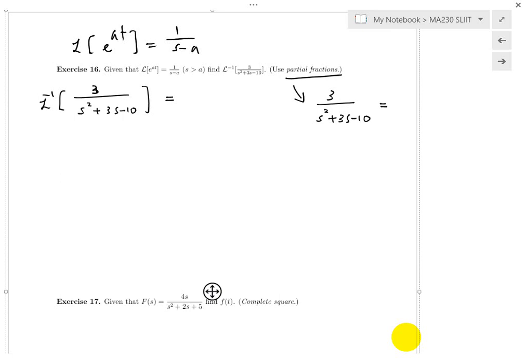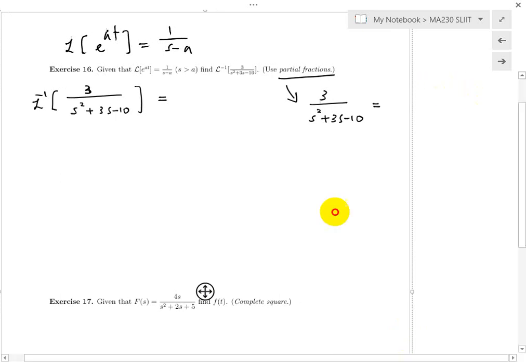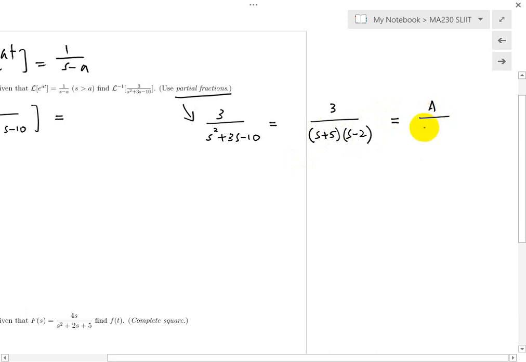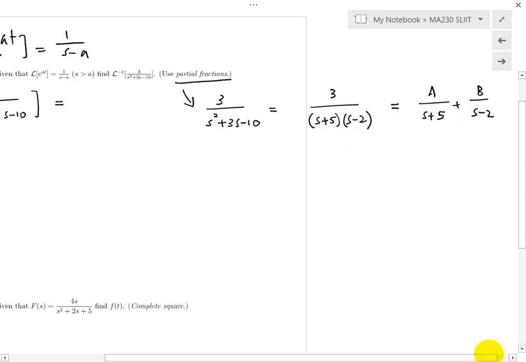So first do factoring. If you do factoring, I think it is s plus 5 times s minus 2, right? So you do partial fractions, and you need to find these constants. So find quickly the two constants.